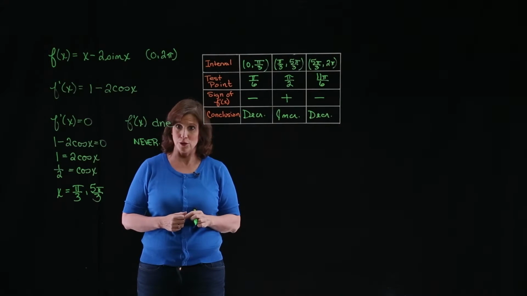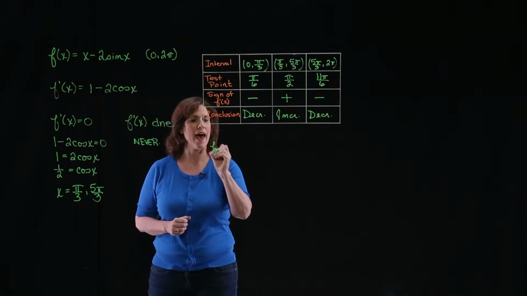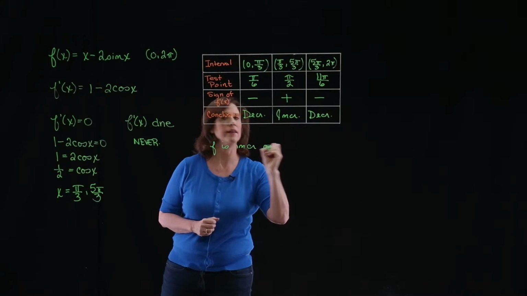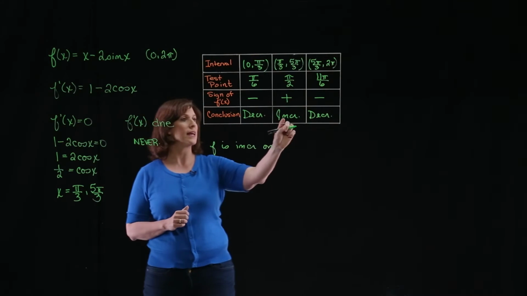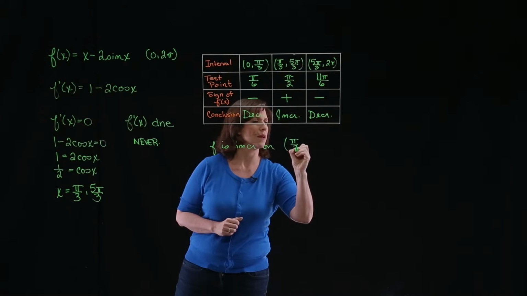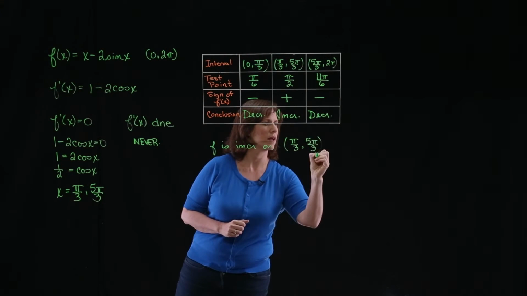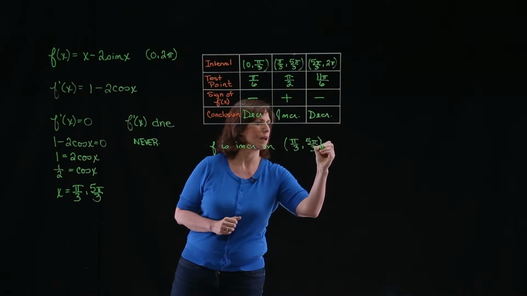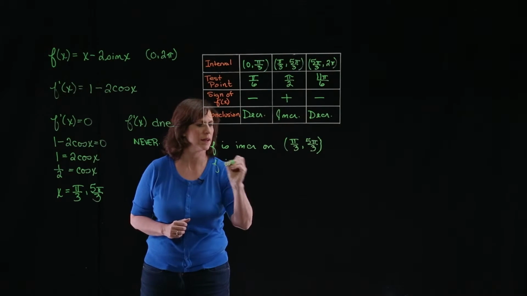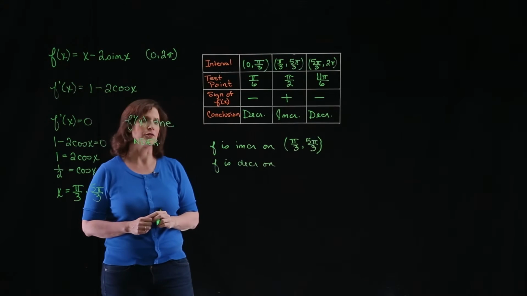Okay, I have my chart all filled out. I can start making some conclusions. I want to know, f is increasing on what interval? Well, it looks like the interval that it's increasing is pi over 3 to 5 pi over 3. F is decreasing on what intervals?